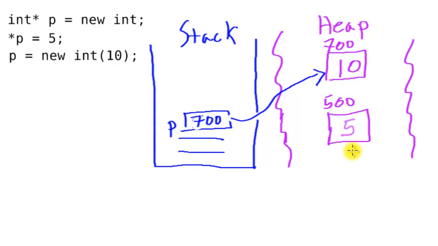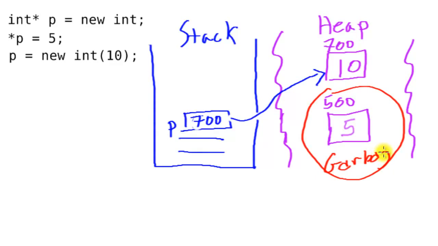Then we could run out of heap space. And whenever we run out of heap space and try to invoke the new operator and create something out on the heap, it could crash our program, or it would crash our program in those particular cases. This thing right here is garbage, and so we want to avoid creating garbage as much as possible.